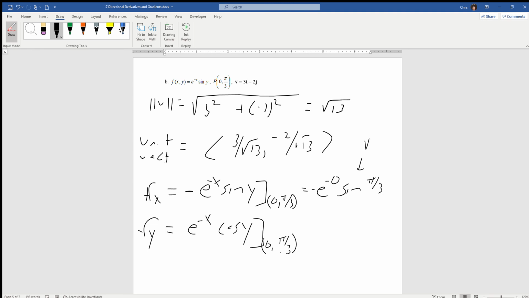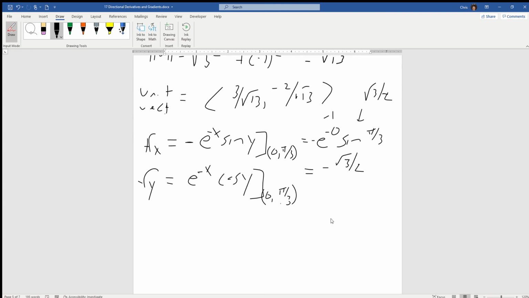Sine of pi/3 is root 3 over 2, and negative e to the minus 0 is negative 1, so this ends up being negative root 3 over 2. For our Fy, that's going to be e to the minus 0 cos of pi/3. Cos of pi/3 is a half, e to the negative 0 is 1, and 1 times a half ultimately works out to be a half.